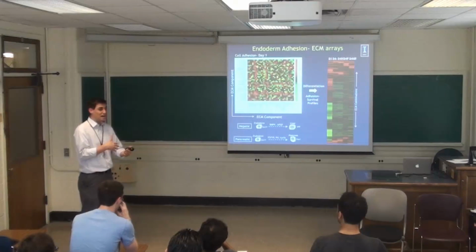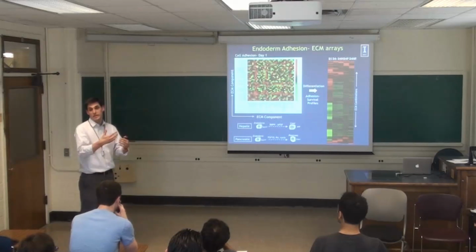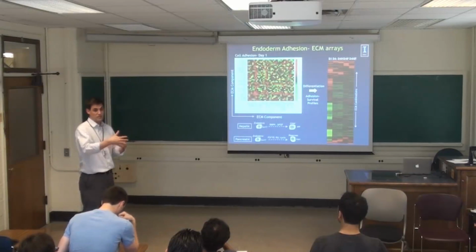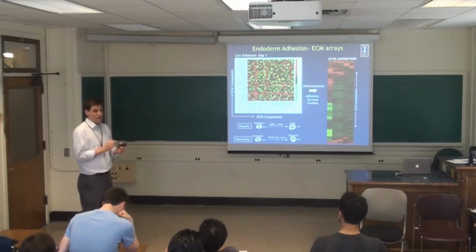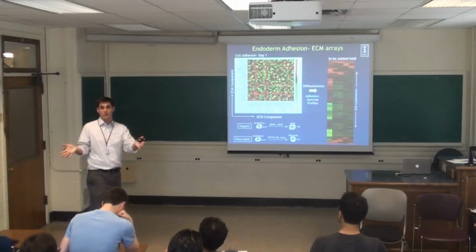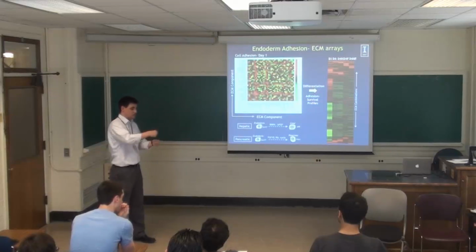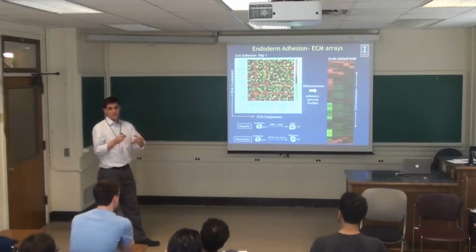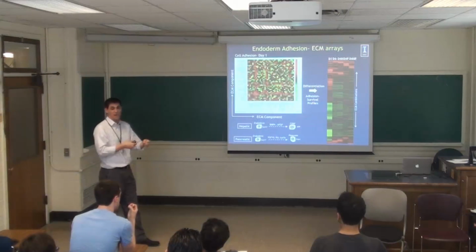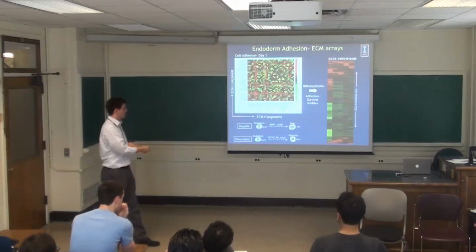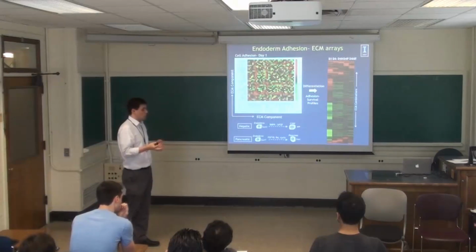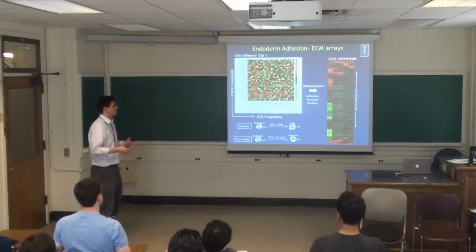They initially attach, and then you change the media for the entire array and add soluble factors that would induce the cells to go one way or the other. So now you have these 4,000 spots, cells under different conditions, all on one slide. You change the media, try to induce them to liver, and then you see what happens on each of the individual spots.